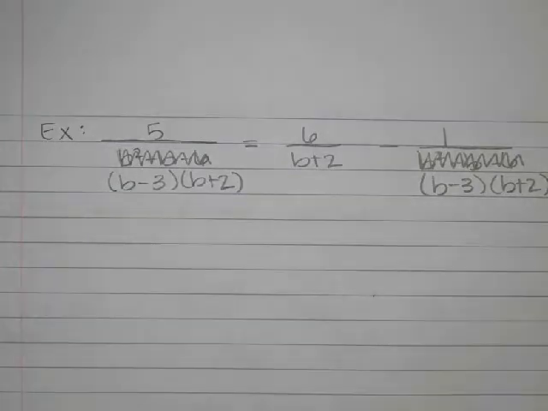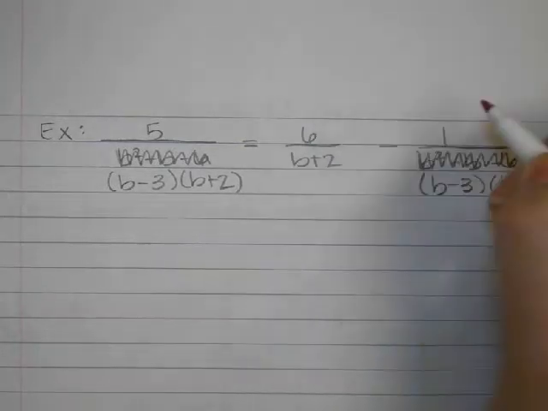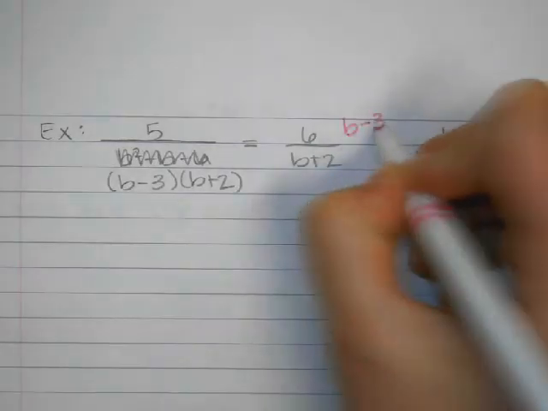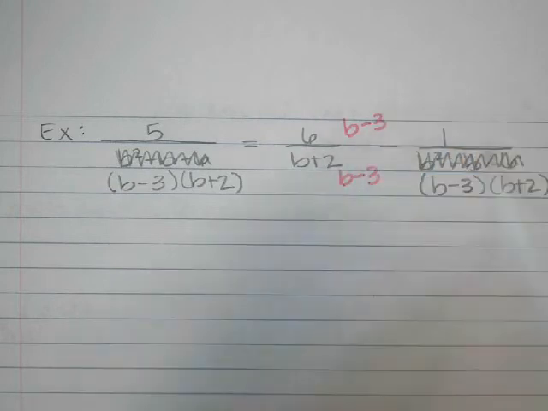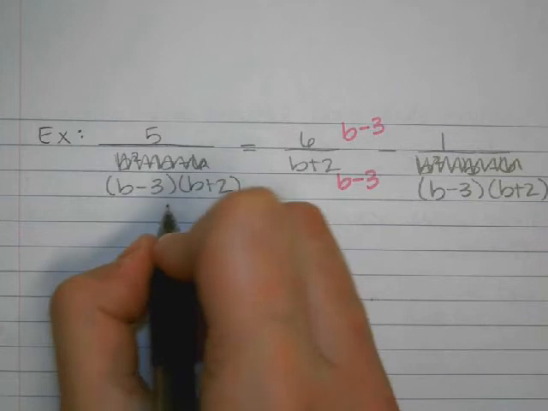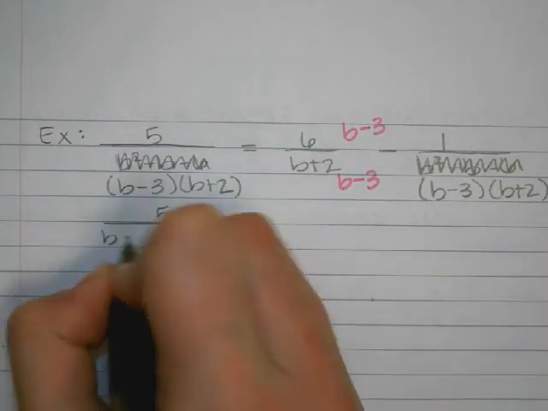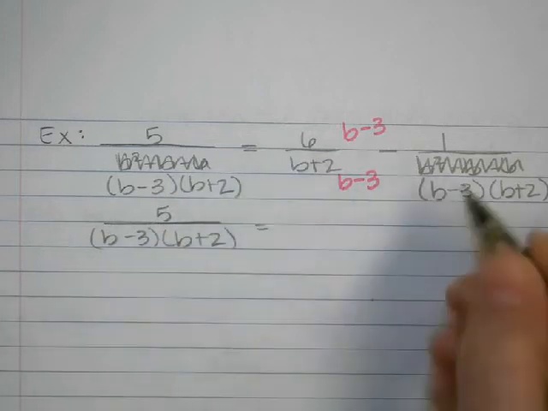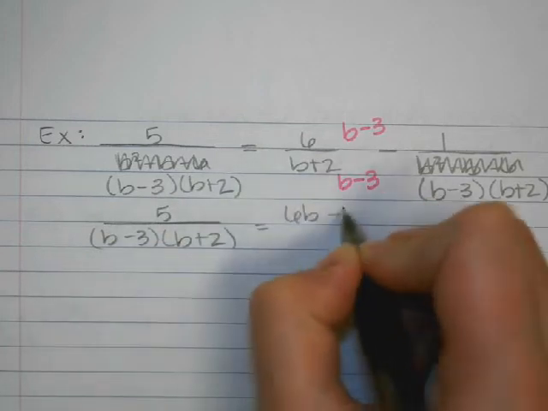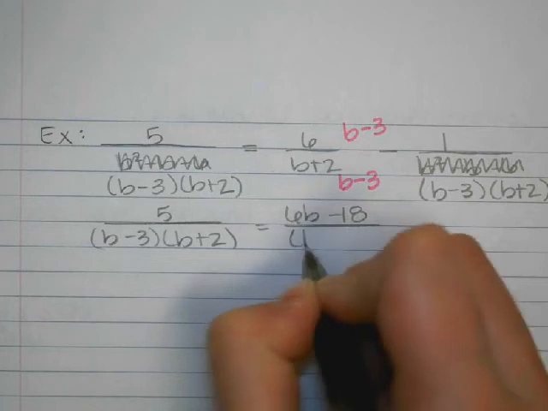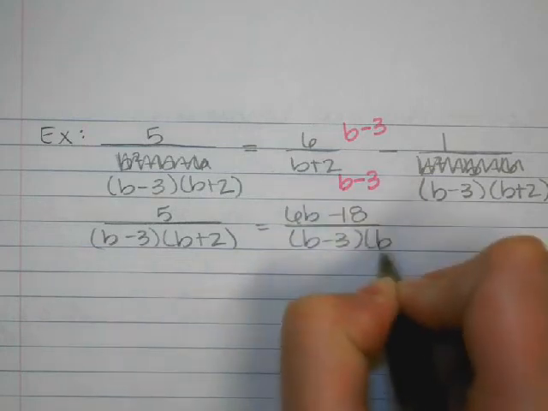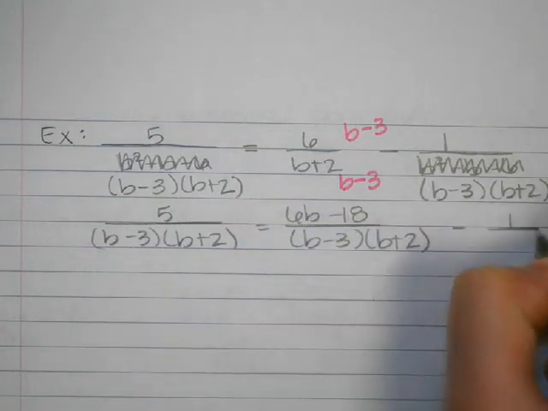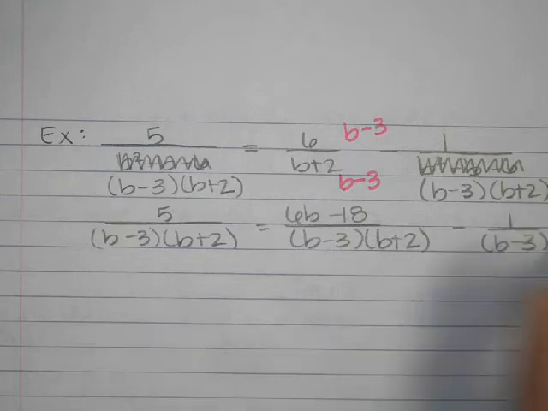And so that means that that middle fraction is going to need the b minus 3. Okay. So if I write out the entire problem now, I have 5 over b minus 3, b plus 2, equals 6b minus 18 over b minus 3, b plus 2, minus 1 over b minus 3, b plus 2.